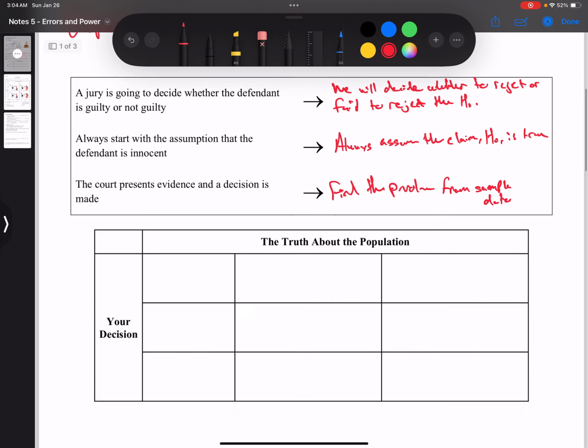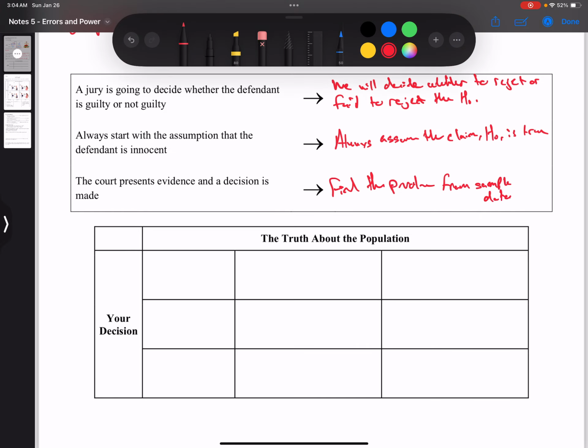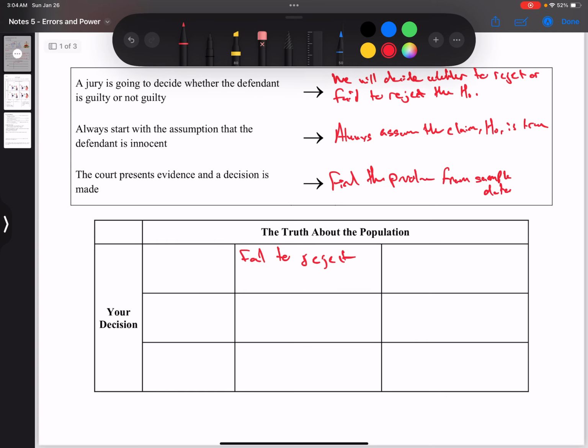So the same kinds of errors can happen with our tests. We're going to set up this chart the same exact way. Up here at the top, we have our fail to reject and our reject the null hypothesis. Failing to reject means we are sticking with our null hypothesis, and rejecting means we have evidence for our alternative.